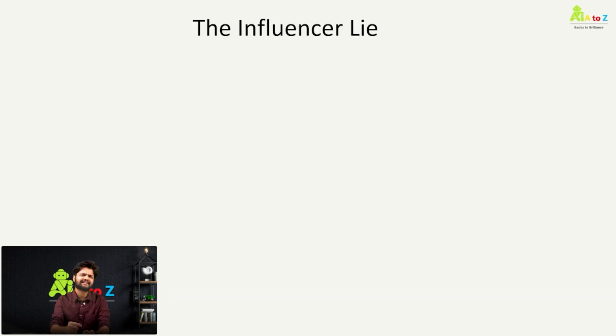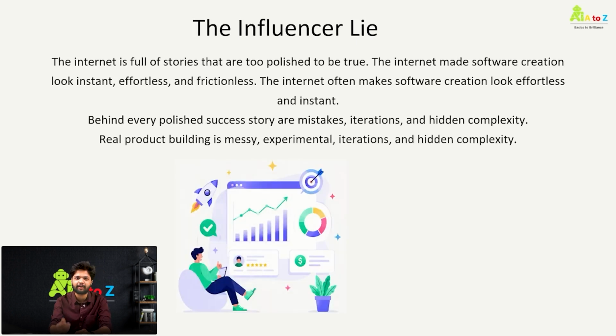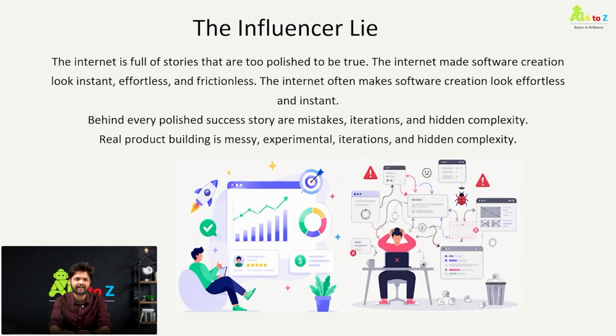Now, as AI becomes more popular every day, a different challenge has emerged. If you spend enough time online, you will see headlines like, I built a startup in a weekend, or I created an app with AI in a few hours. Some of those stories may be true, but they usually focus on the final result rather than the entire process. What people often share is the finished product.